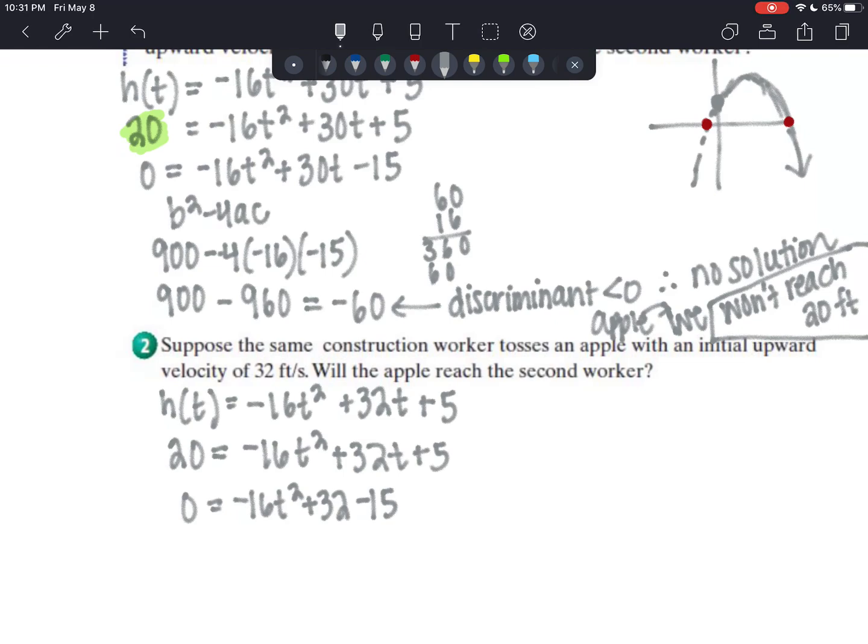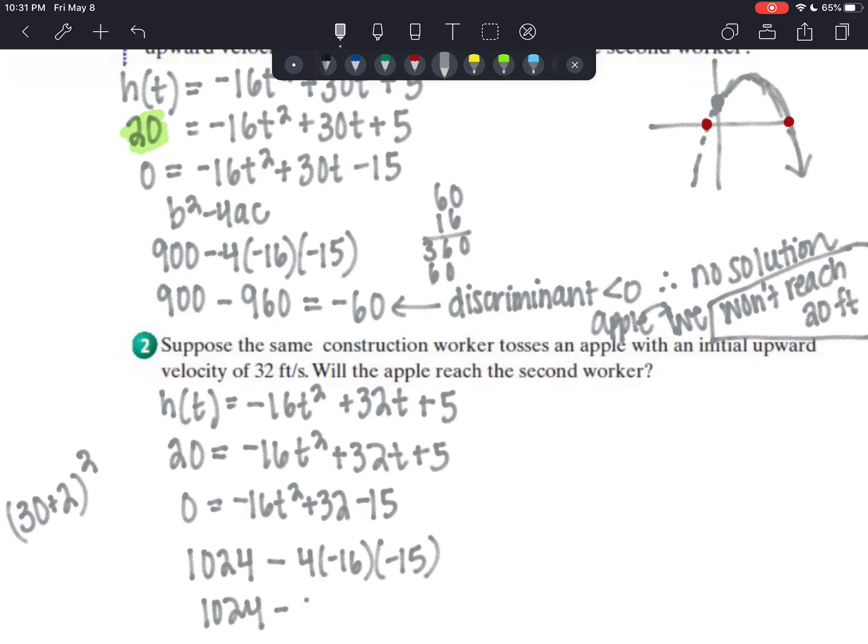And now we're going to calculate b squared minus 4ac. So 32 times 32 is 1024. That's b squared, minus 4ac. And I think we already calculated that. That's going to be 960.